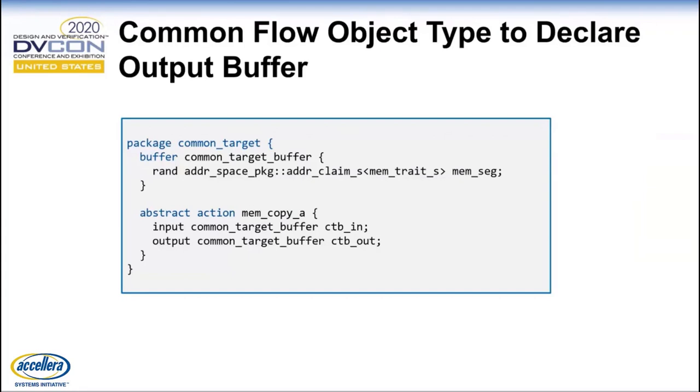All IP developers have this package, and it has the type of the flow object so that all actions involved in the chaining will use the same flow object, and will inherit. Not everyone has to inherit the memcopy, but it is a very convenient action to inherit because you don't need to write input-output again and again for the many actions that you need to implement.